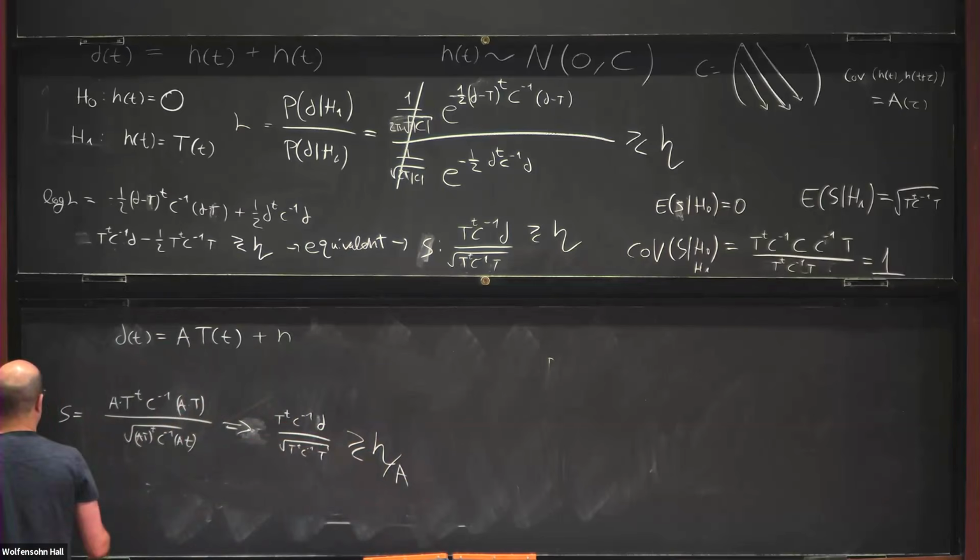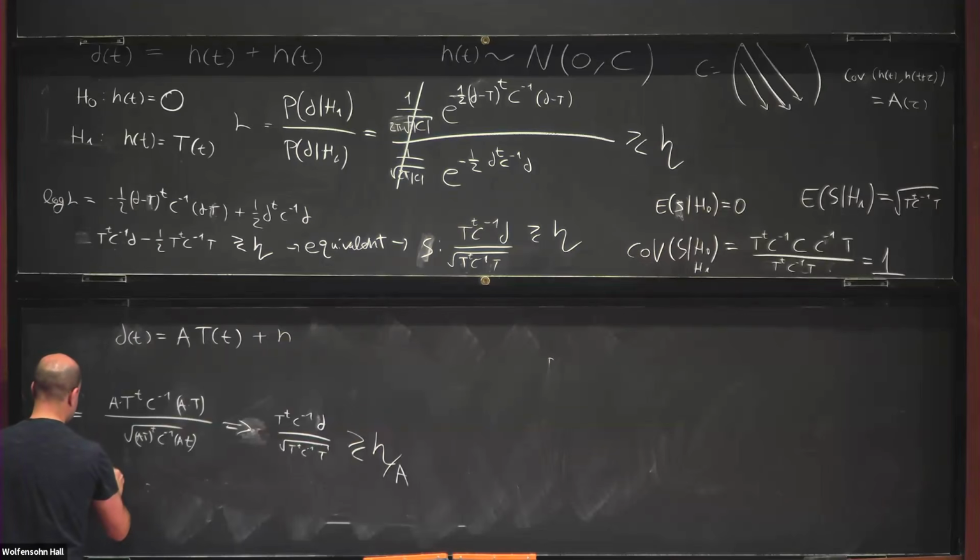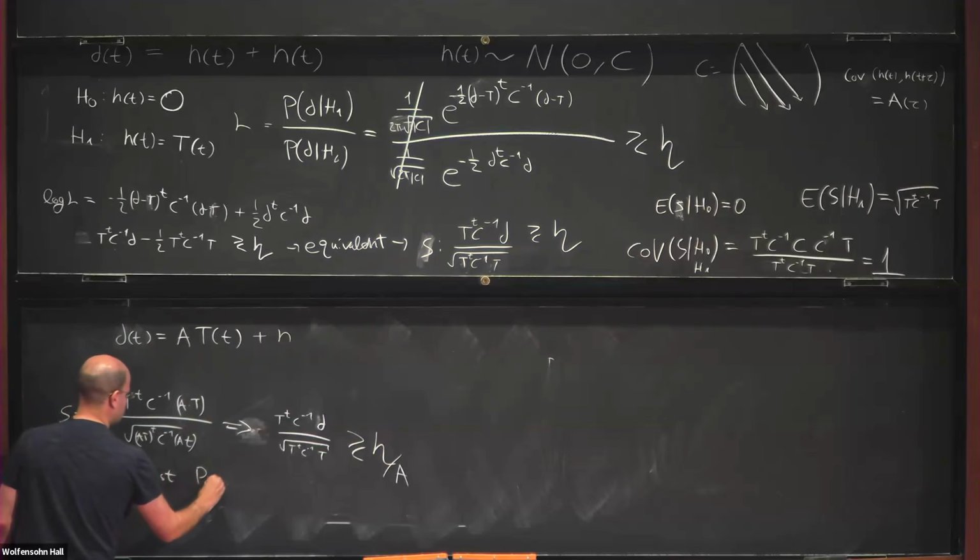This thing is called uniformly most powerful. And the joke about this definition is that it applies to only one case, and that's an amplitude variable.